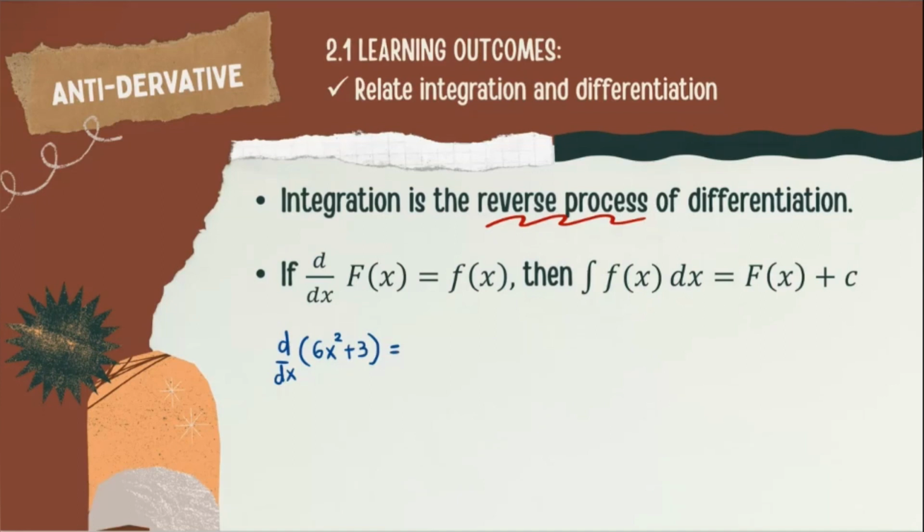Differentiation ni pun kita dah try buat pada chapter 1, Newton-Raphson ada differentiation. So dalam differentiation, 6x squared, apa yang kita akan buat? Power ini kita akan bawa ke depan dan didarabkan dengan this constant and then the power will be minus 1. Itu yang berlaku dalam differentiation.